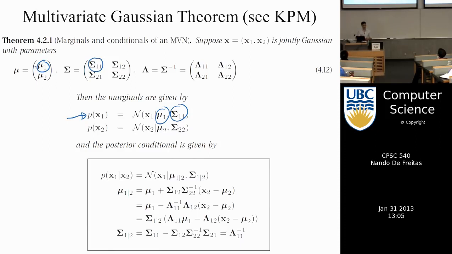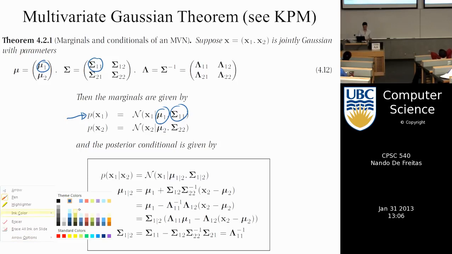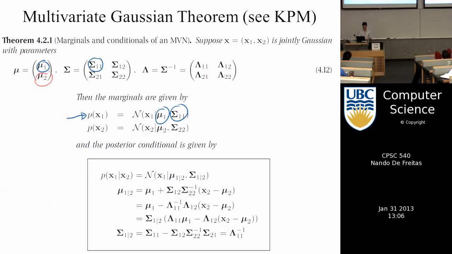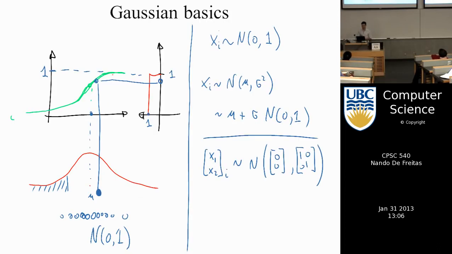So to get the marginal for x1, you would just take the components mu 1 and sigma 1, 1. And to get the marginal for the other variable, you would take mu 2 and sigma 2, 2. In other words, what this equation is saying is that x1 by itself comes from a 1D Gaussian that's 0, 1, and x2 comes from a 1D Gaussian that's 0, 1.